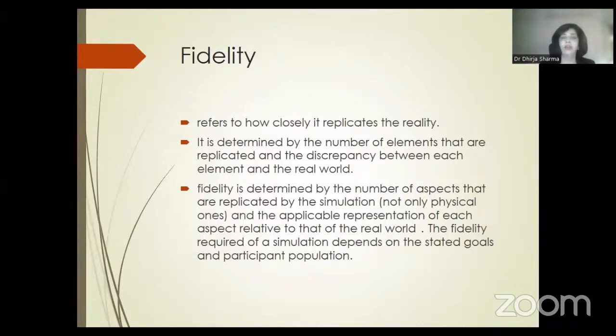So, not only learning how to maneuver these is important, but also in that simulator, we get situations like a dog suddenly crossing the road or another vehicle overtaking from the wrong side, or a baby suddenly appearing on the screen, requiring the learner to respond to the situation. That is a high fidelity simulator. So the fidelity required of a simulation depends on the stated goal and participant population.